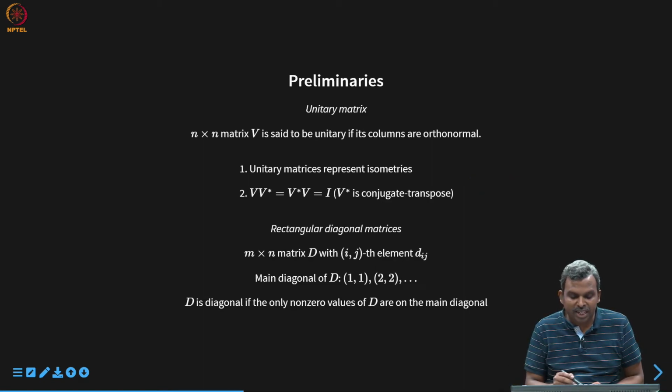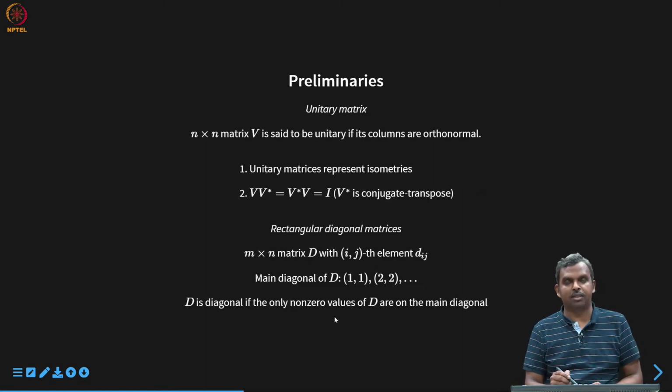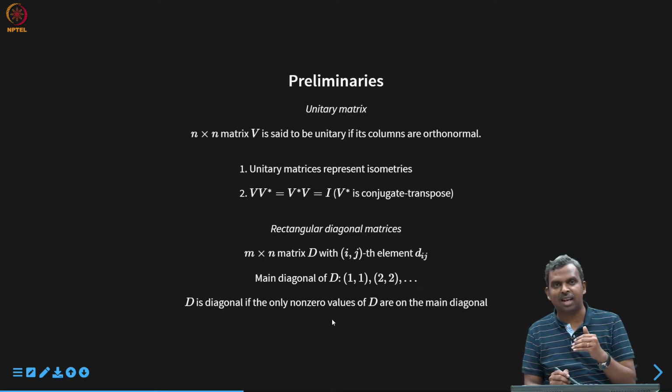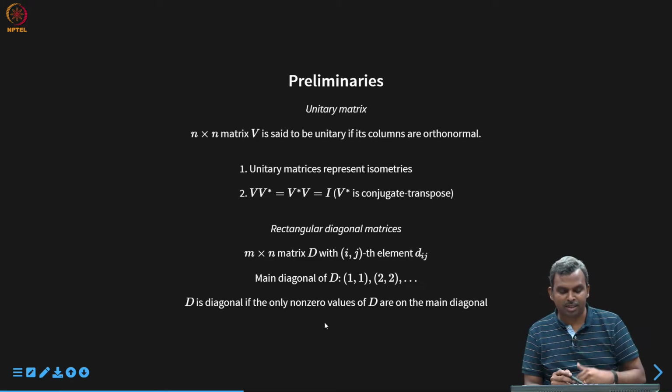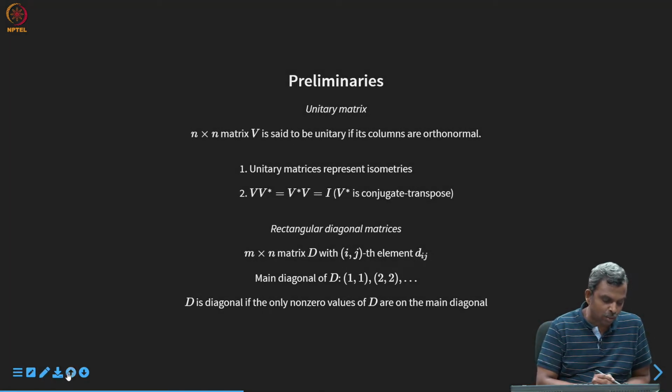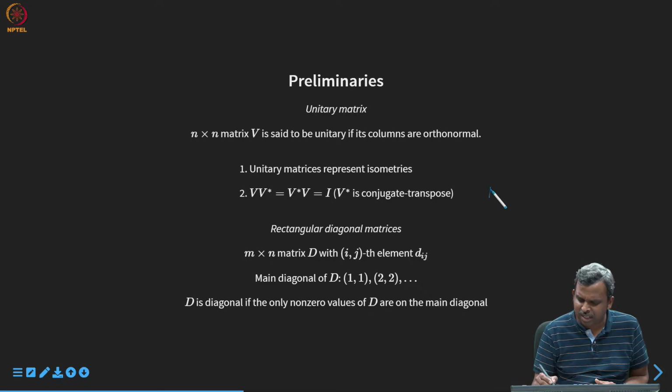Another notion we will need is rectangular diagonal matrices. We know what square diagonal matrices are, so we know the main diagonal. It's easy to talk of diagonals with a square matrix, but with rectangular matrices, how do you describe diagonals? It's not very different. Even if you have a rectangular matrix, I'm simply drawing one here.